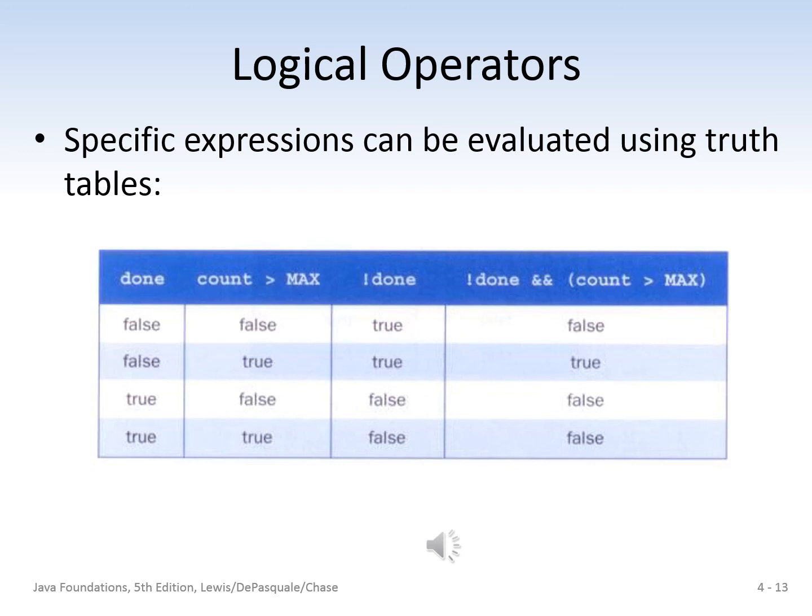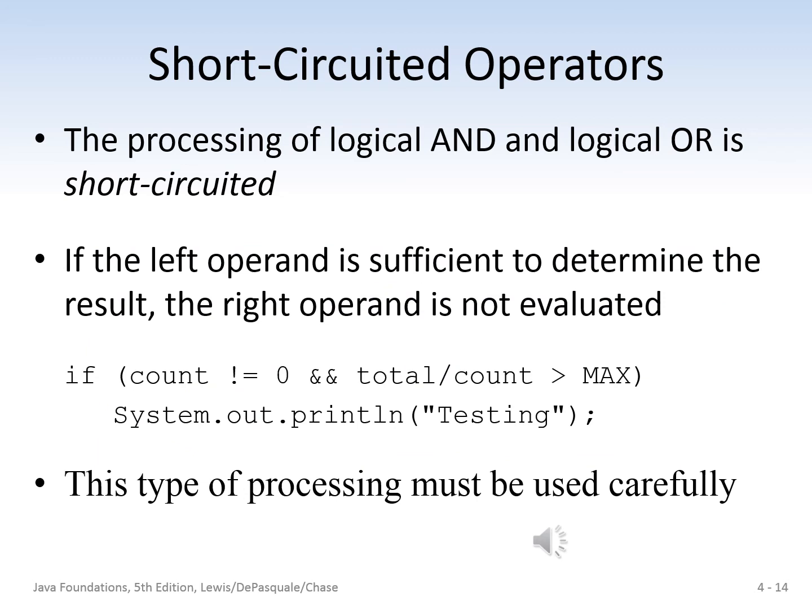In Java, just like in C++, we have short circuit operators. Logical and and logical or are short circuited without the presence of parentheses. They'll be evaluated left to right, and if the left operand is sufficient to determine the result, the right operand is not evaluated.